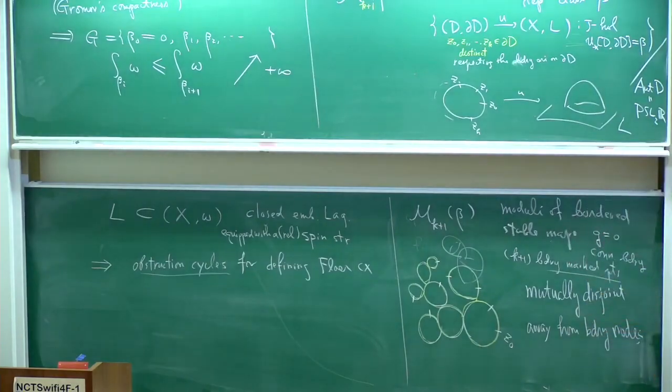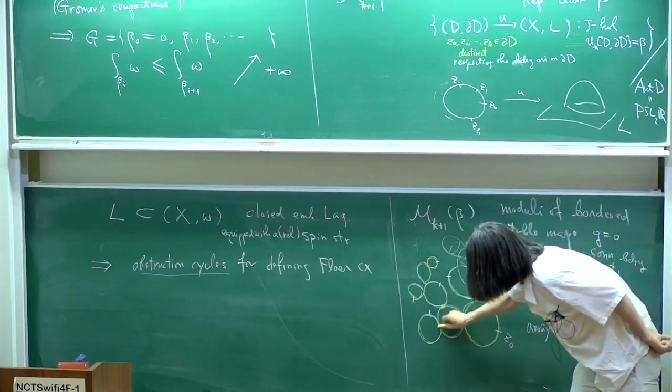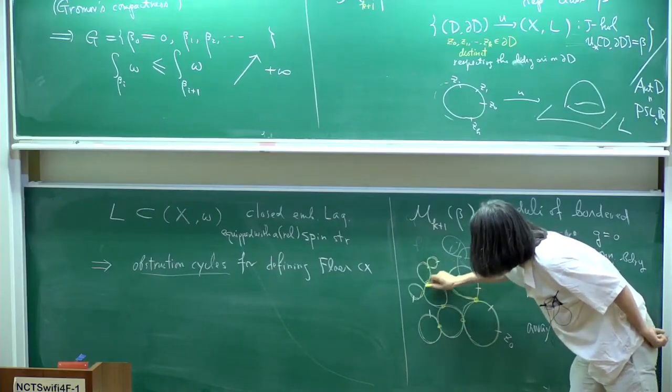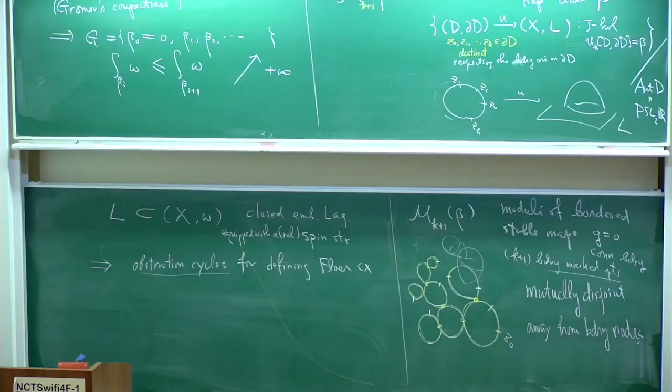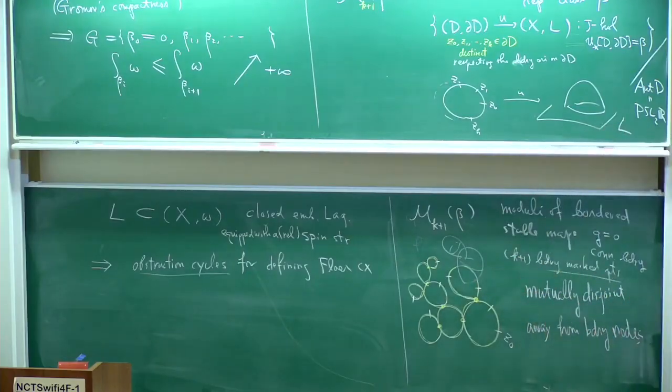Boundary nodes means these intersection points of disks. These we call boundary nodes. And these points are called interior nodes. So anyway, this is a domain.